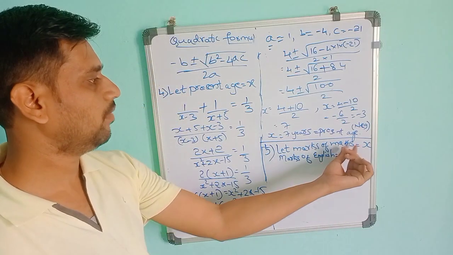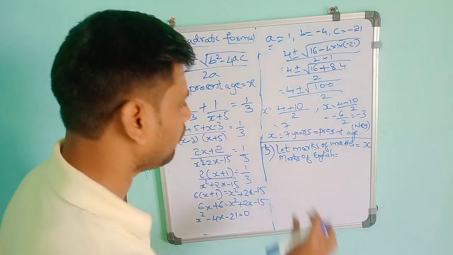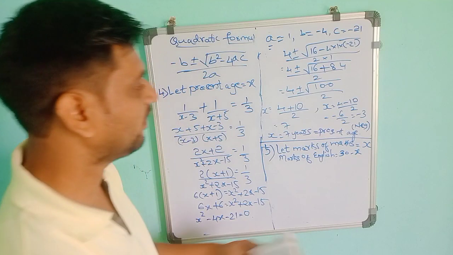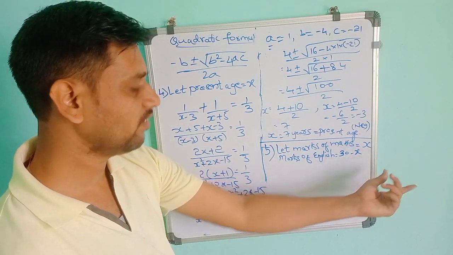The total marks of maths and English is 30, but we have taken marks of maths as x, so the marks of English will be 30 minus x, because total 30 is there. In that 30, if you take x, the remaining will be marks of English, so 30 minus x.